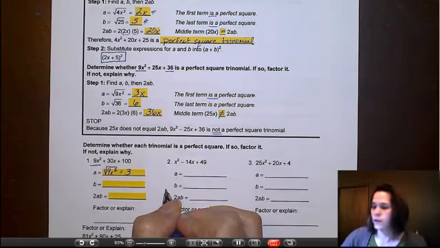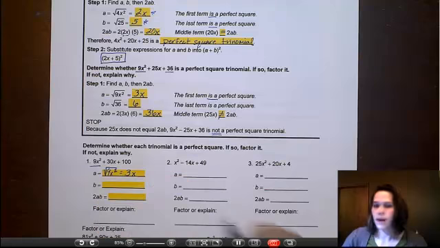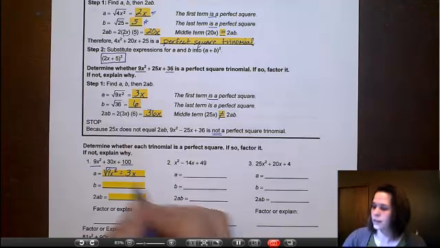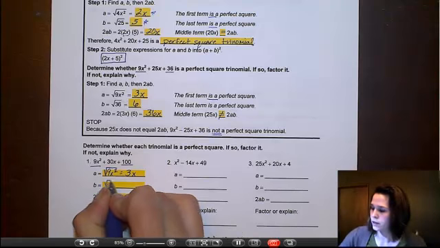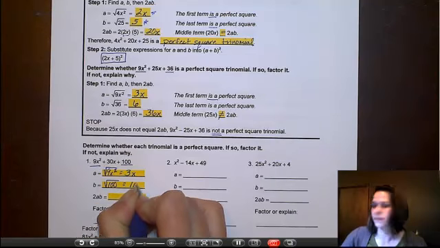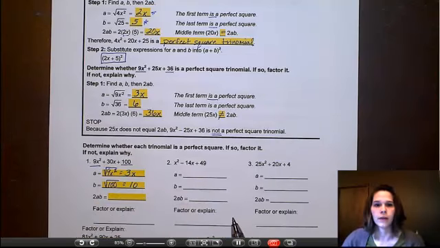The square root of x squared is x. b comes from my last term, 100, but remember, we have to take the square root. The square root of 100 is 10.